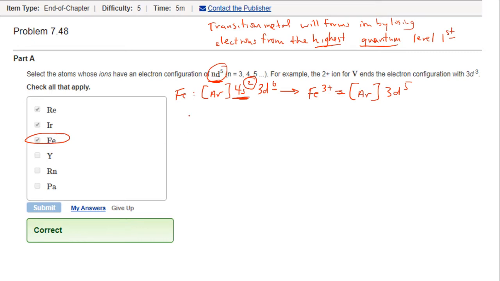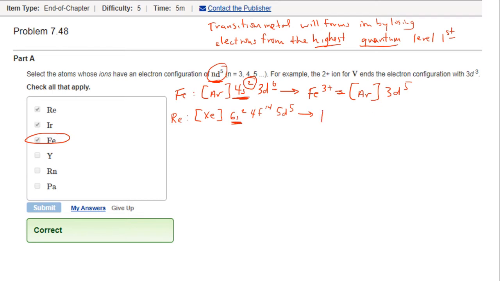The two other cases we can look at are iridium and rhenium. So rhenium has an electron configuration of xenon 6s2 4f14 5d5. And again, we can form an ion. We're going to lose electrons from our highest quantum level first.